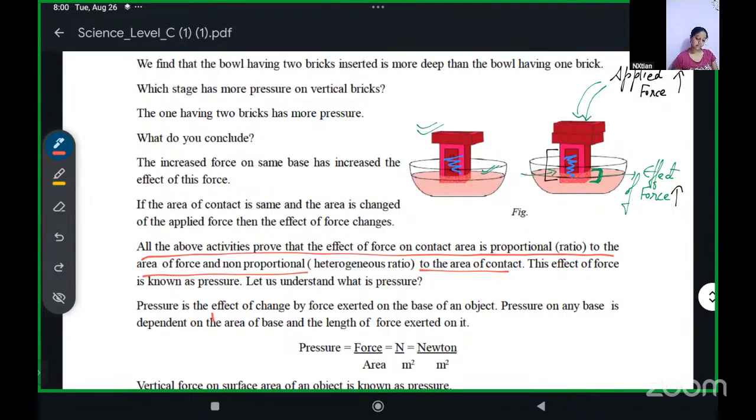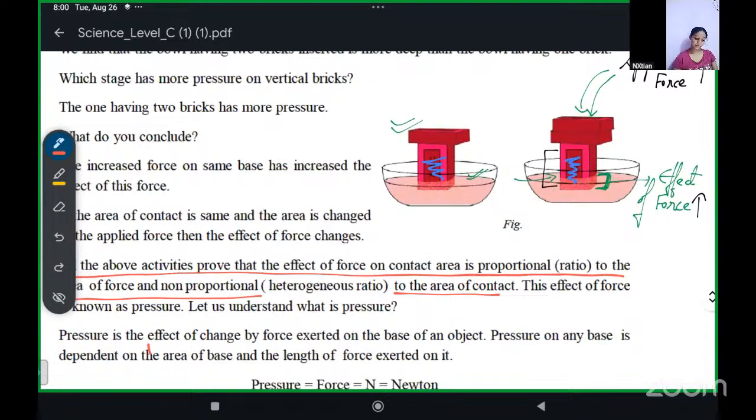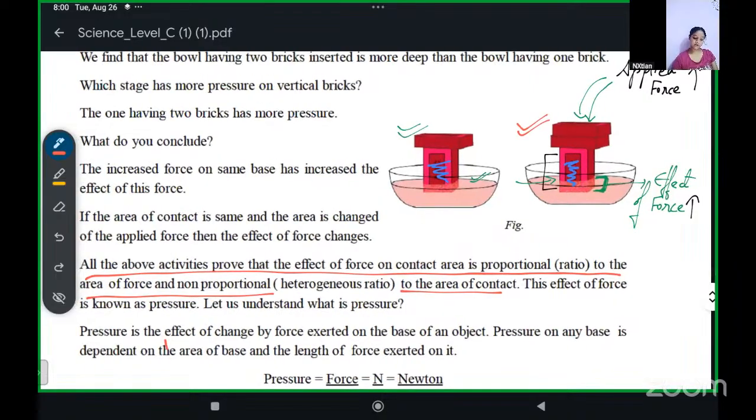One thing is that the more force you apply, the more will be the effect of force.